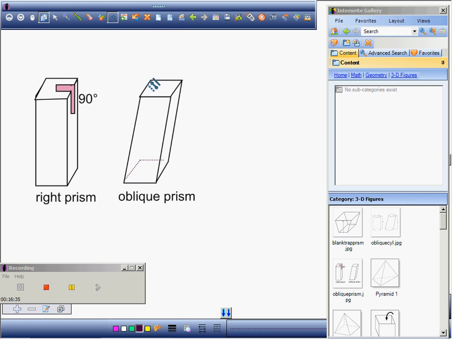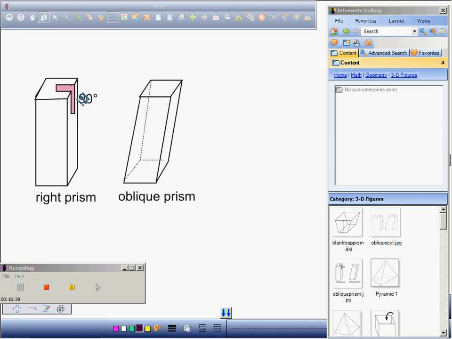Okay, so this is oblique, meaning it's pushed over. So I could have a prism that looks like this, where all the sides are perpendicular. I could have one that's pushed over, but it turns out they have exactly the same volume if the bases and the heights are the same.